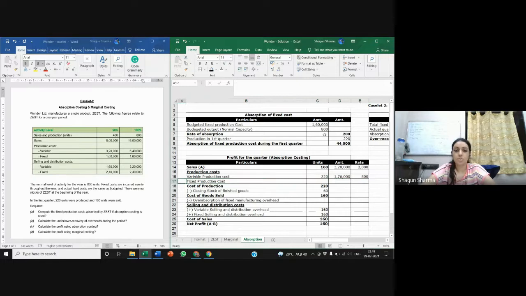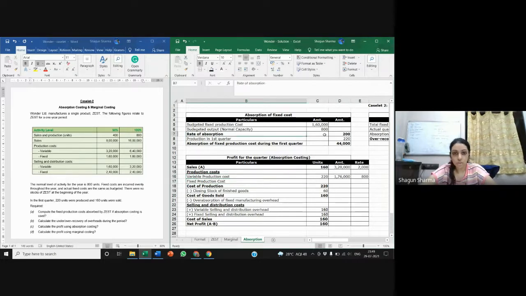In absorption, this amount can be absorbed at anything that the company decides. Like sir gave the example, it is absorbed at 50% of my labor cost. In this question, we are absorbing fixed production cost divided by my number of units produced.